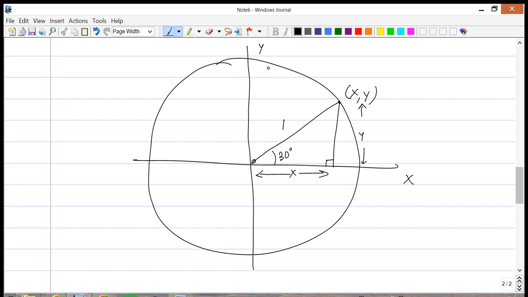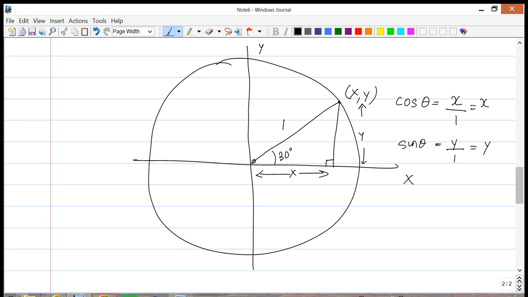We know from our definition that cosine of theta, of any angle, is equal to the adjacent side of the triangle over the hypotenuse. The adjacent happens to be x, the hypotenuse is 1, so cosine is simply equal to x. Similarly, sine of theta is equal to the opposite divided by the hypotenuse, and it is simply equal to y.